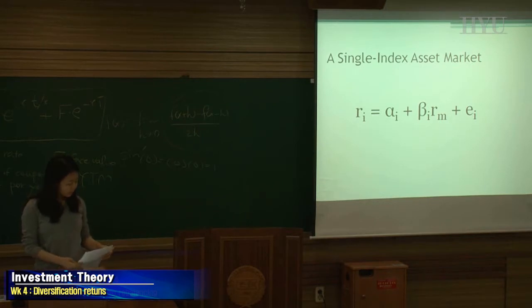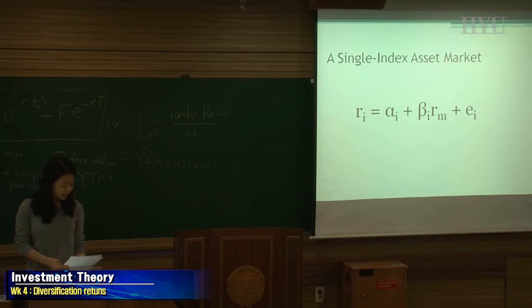Here, beta measures the stock's comparative sensitivity to the economy versus the average stock. And here, RM that comes after beta is the excess return on a broad market index. And here, E measures expected value, and alpha represents the expected return on the stock beyond any return induced by movements in the market index.